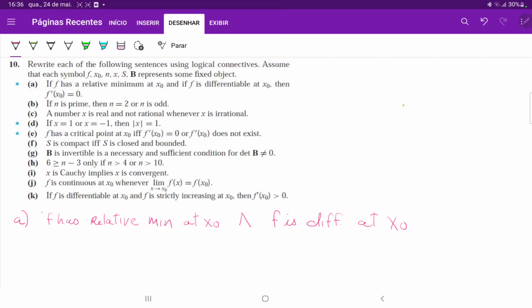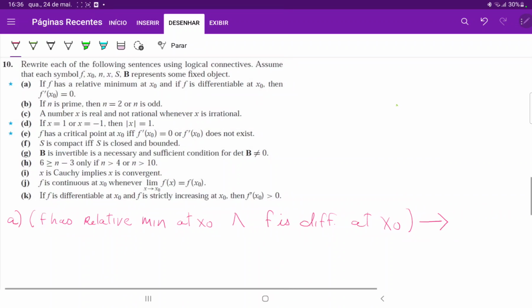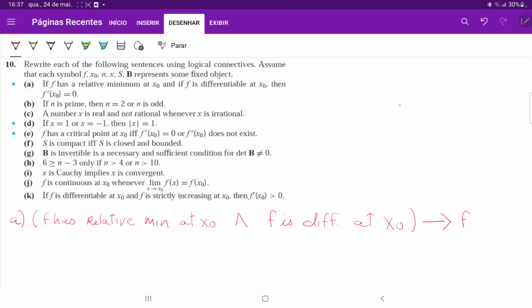So we have to put a parenthesis here and say then. So then this arrow for our conditional, f prime of x naught is equal to 0.